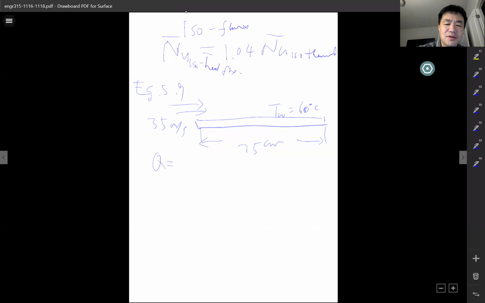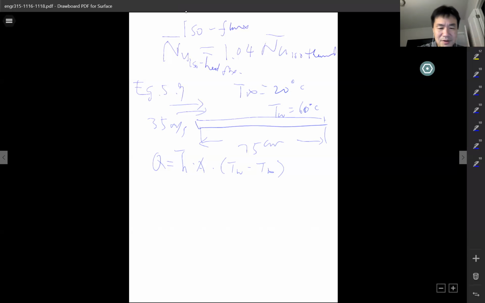Total heat transfer equals what? h times A times (Tw minus T infinity). What is T infinity? 20 degrees Celsius. That's the equation we will try to use, starting from the question.